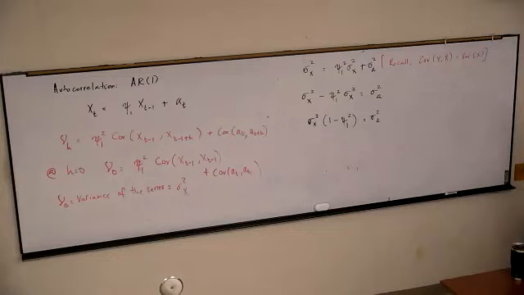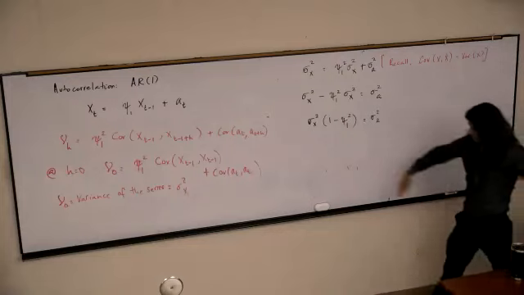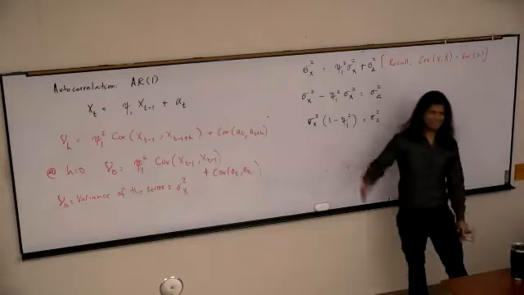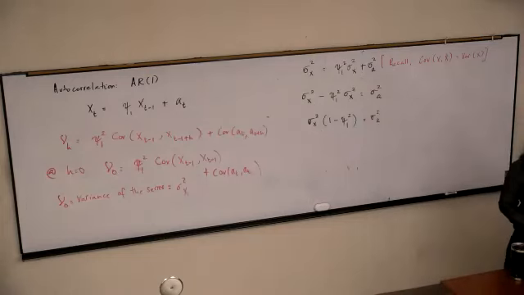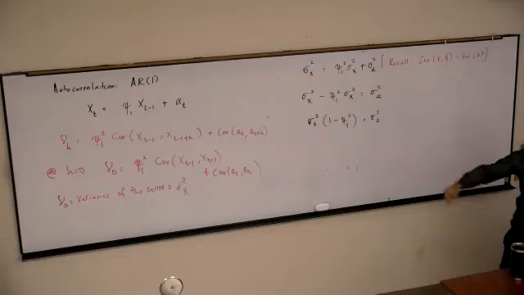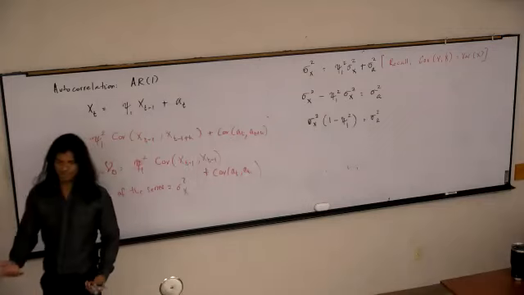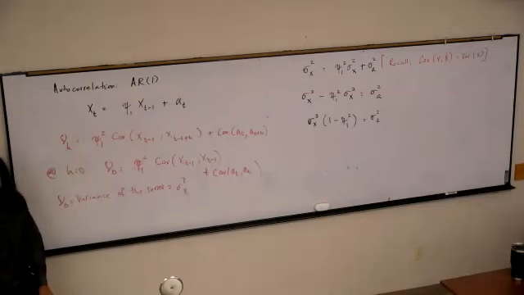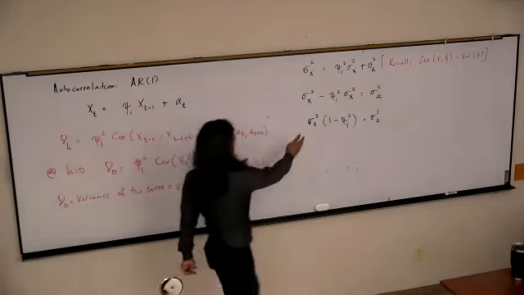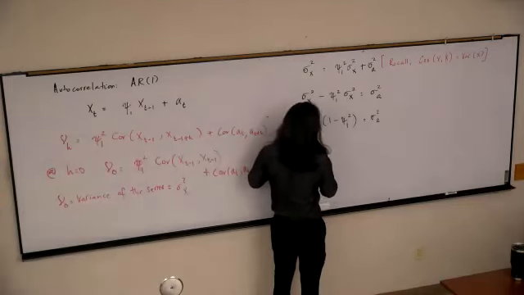Sigma squared x times 1 minus psi 1 squared would be equal to sigma squared a. Would it be wrong if at this point I replaced that with gamma sub 0? So that's pretty much what I did from there to there, right? Whether it is sigma squared x or gamma sub 0, they are one and the same. Good. Okay. So I'm going to put that as gamma sub 0.